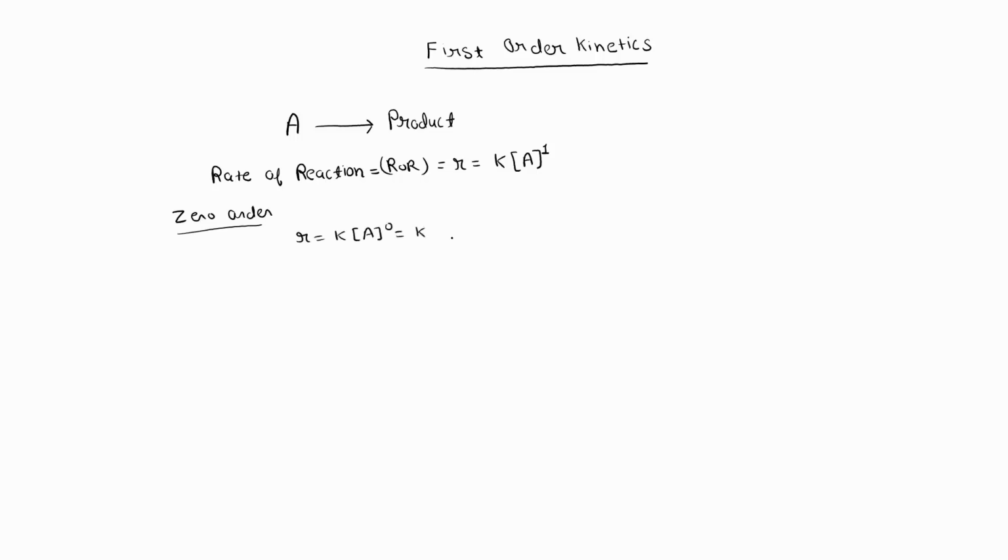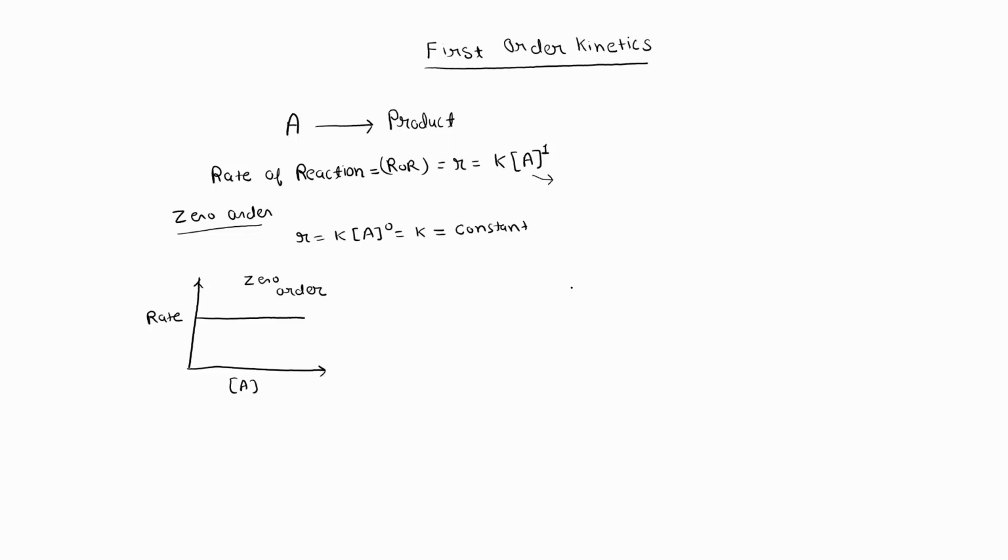It means rate is equal to K, the rate constant, which is a constant value. So for a zero order reaction the graph of rate versus concentration is a constant value. For a first order reaction, rate is proportional to the concentration.